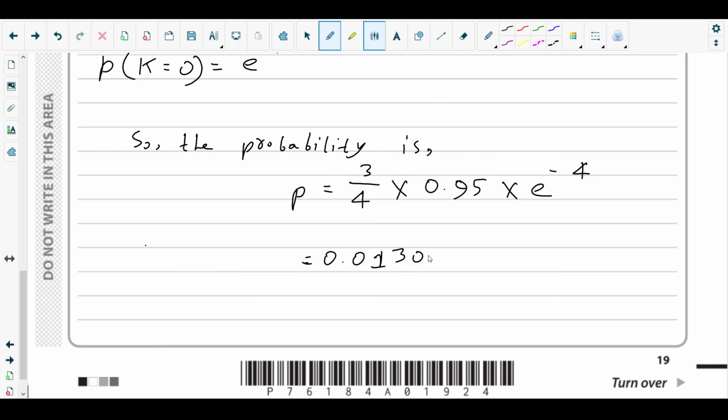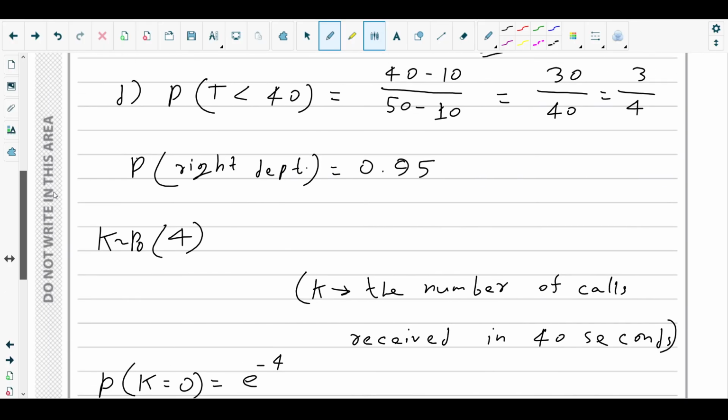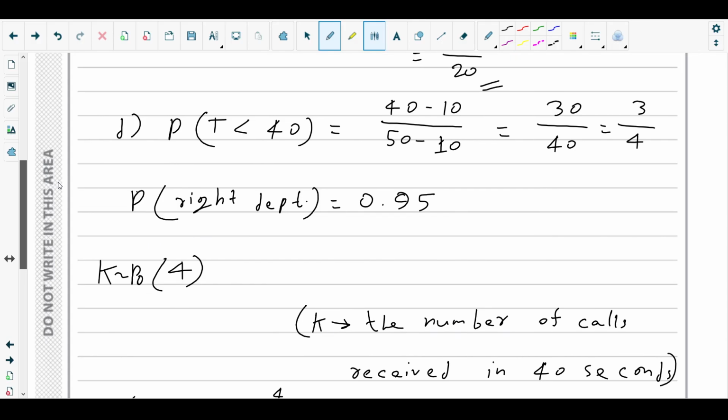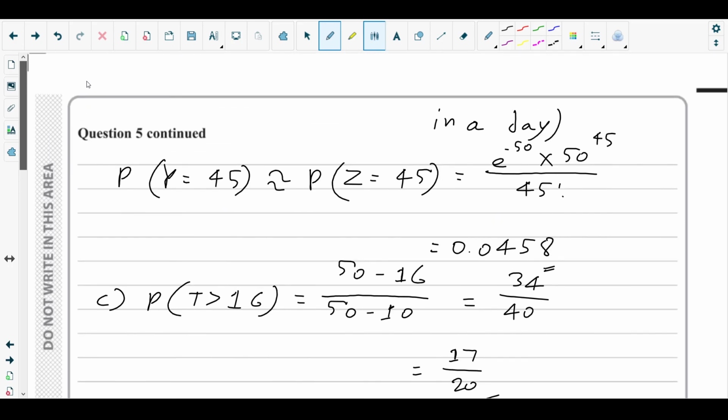Give the final answer to 3 decimal places: 0.013. That's enough. Understand? So this is all about Question number 5 from the Statistics 2 June 2024 paper.